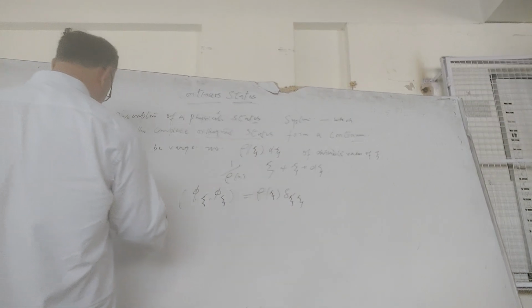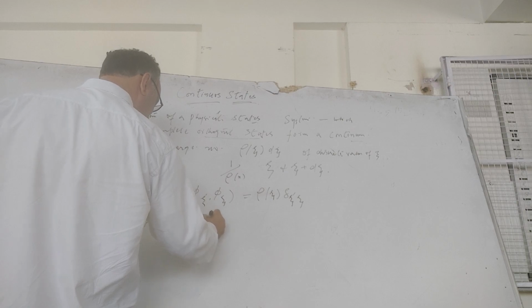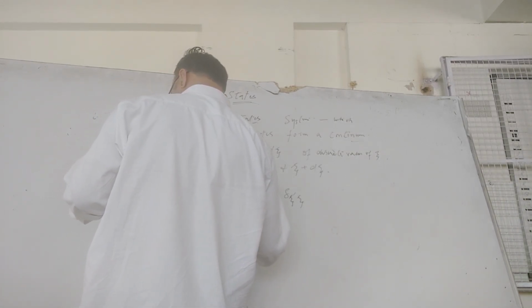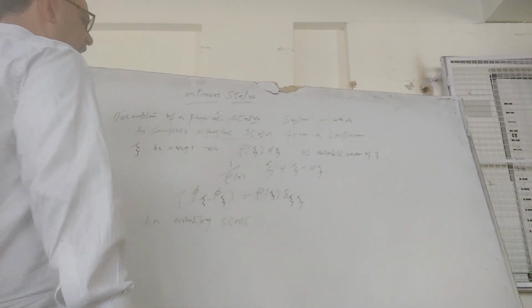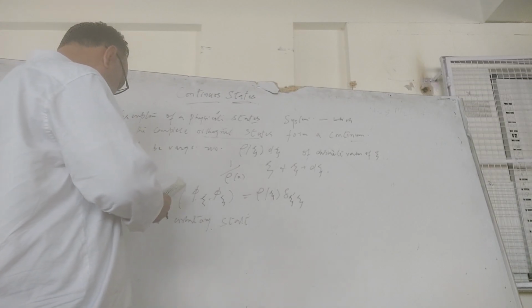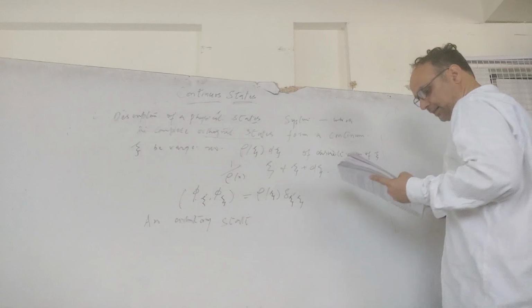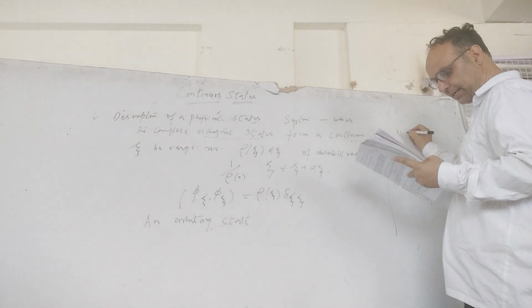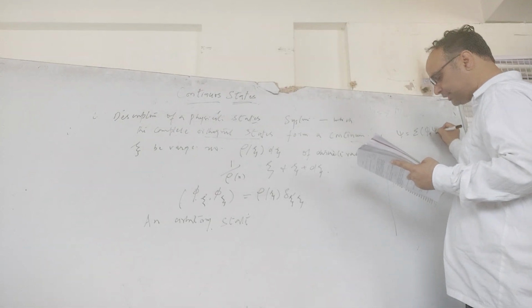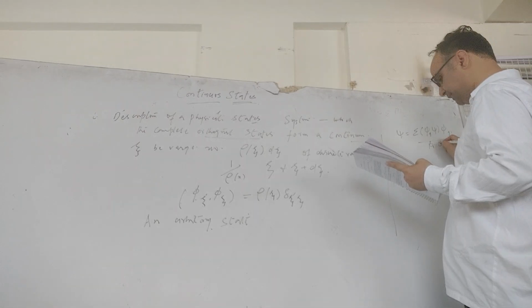So an arbitrary state can be expressed as a linear combination of the states. If you remember, yesterday we had psi written as the sum over j of phi j, psi, phi j.